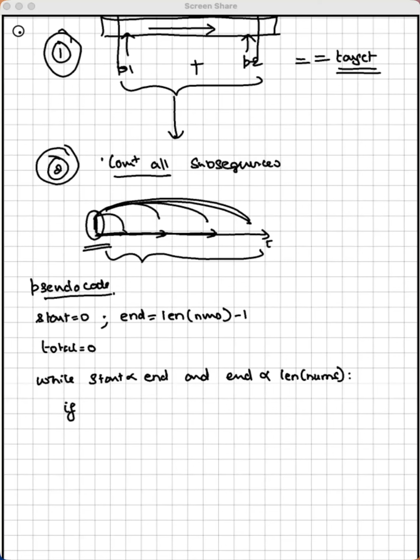So what do I do? I say if nums of start plus nums of n is lesser than or equal to target, now I found my group. So this is the place where I'll get to step 2 of counting the subsequences.